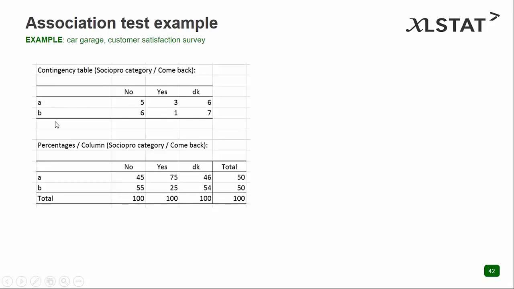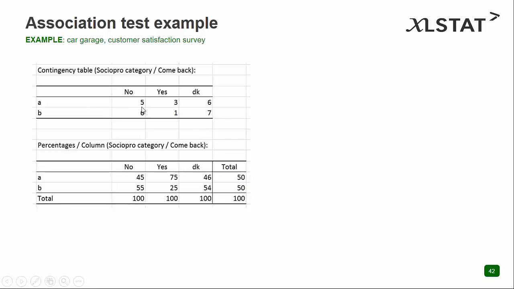Here we have the socio-professional categories in rows, so A or B. We have the answers to the comeback question in columns, so no, yes, or don't know. And here each number is the number of persons who correspond to the corresponding categories.